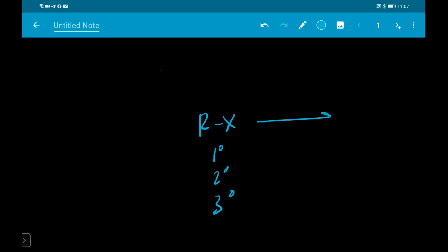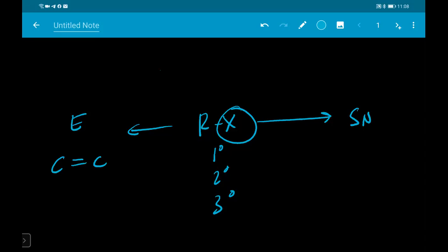It can go to substitution reaction, or it can go to the elimination reaction, and these are the symbols to represent them. Substitution, of course, is going to substitute the X compound. Elimination will cause the formation of C double bond C. So technically the product will be different.